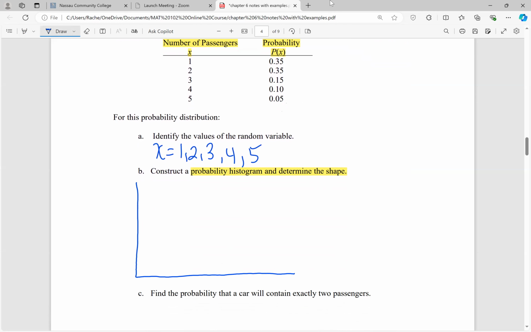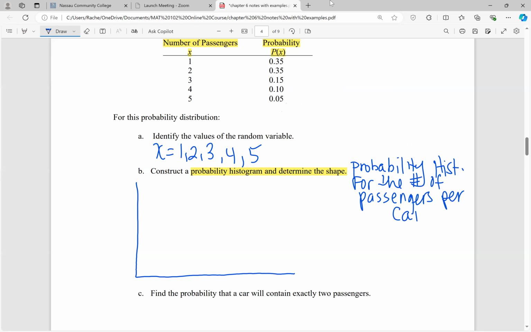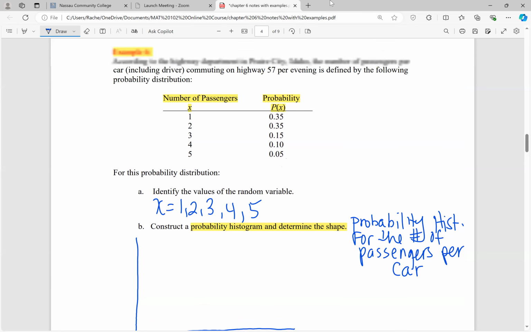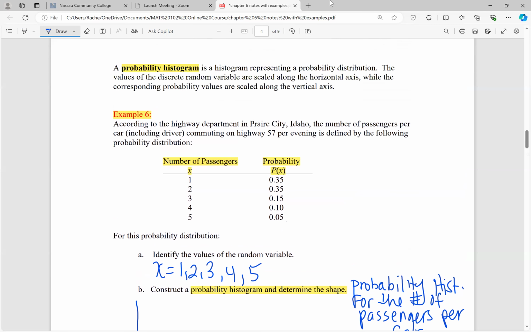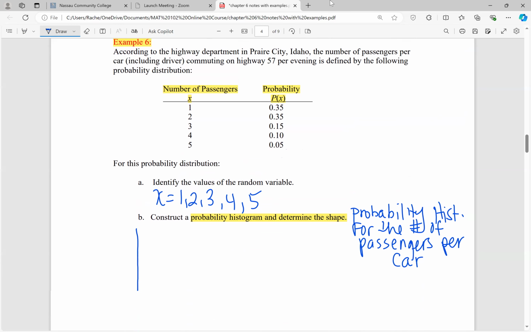And this is going to be a probability histogram for the number of passengers per car.